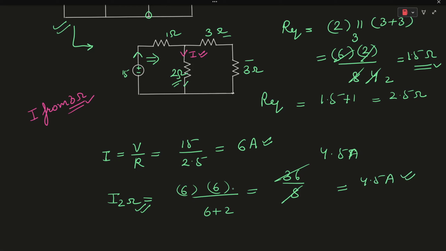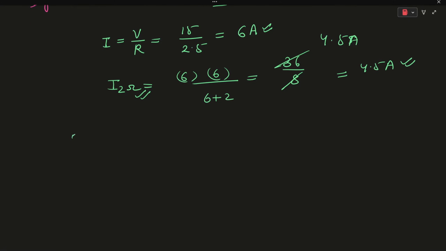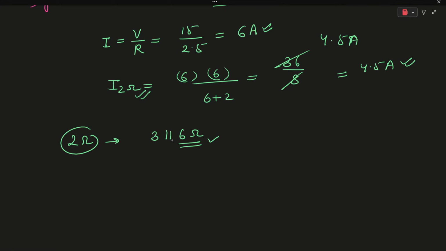This particular 2 ohm resistor is the parallel combination of the 3 and 6 ohm resistors. So in order to find the value of the current through the 3 ohm resistor, we will again apply the current division principle.